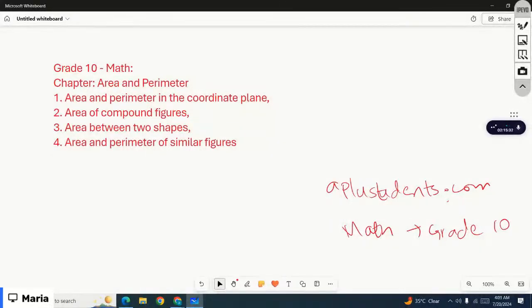We're going to start with the chapter Area and Pattern. The lessons we're going to cover from the chapter are area and perimeter in the coordinate plane, area of compound figures, area between two shapes, area and perimeter of similar figures.